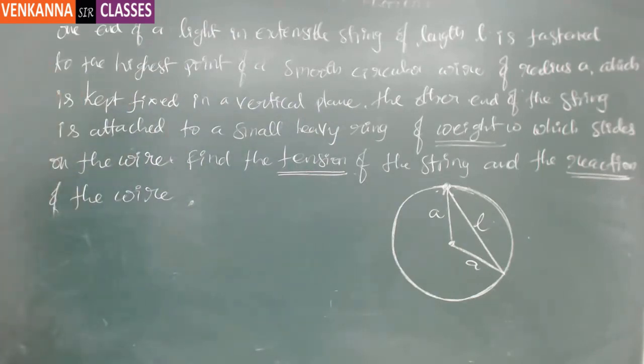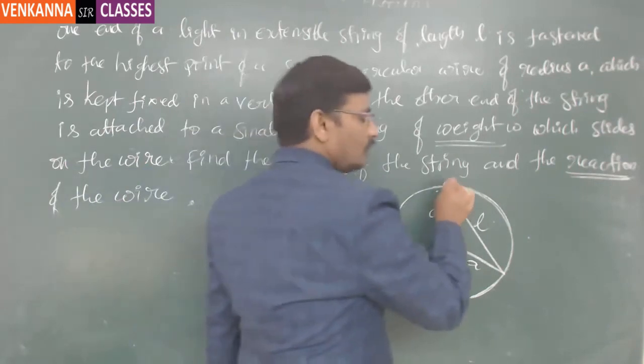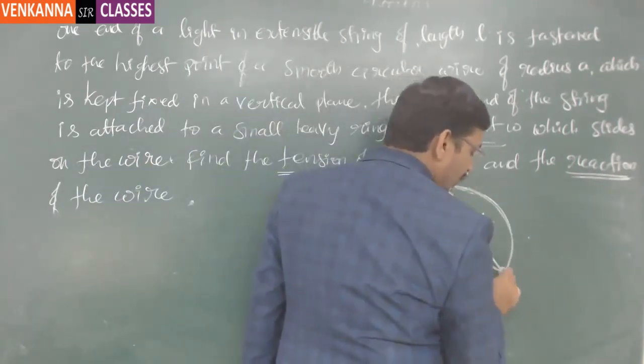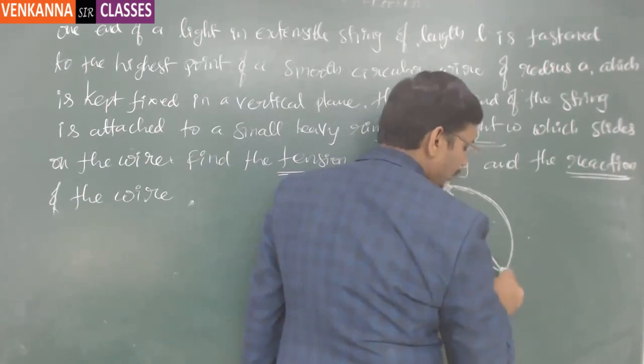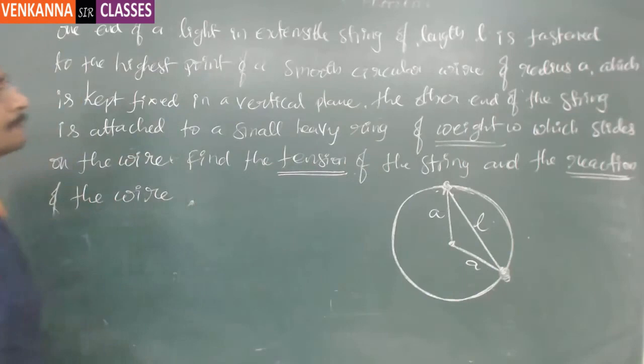The other end of the string is attached to a small heavy ring. So one end is fixed at this location and the other end is fixed with a small heavy ring of weight W which slides on the wire.